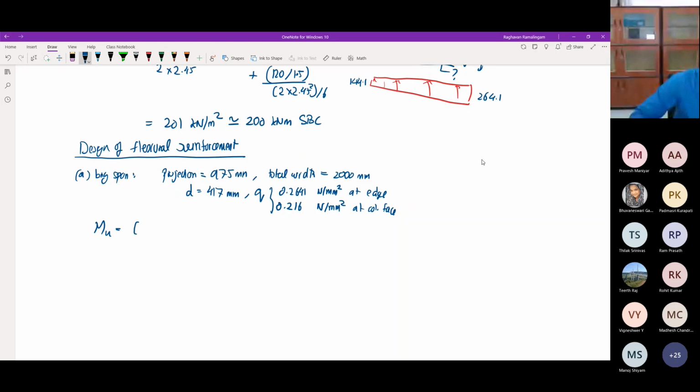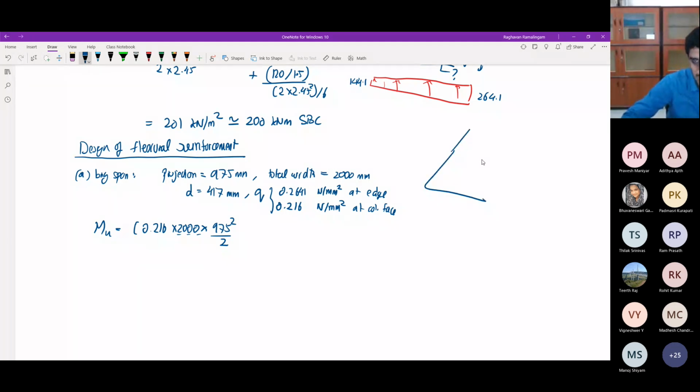Basically, at the column face it is 0.216, so 216 into 2000 into 975 square by 2. Because I told you, this is basically W into L square by 2. This 2000 is the breadth along which you have that particular load.